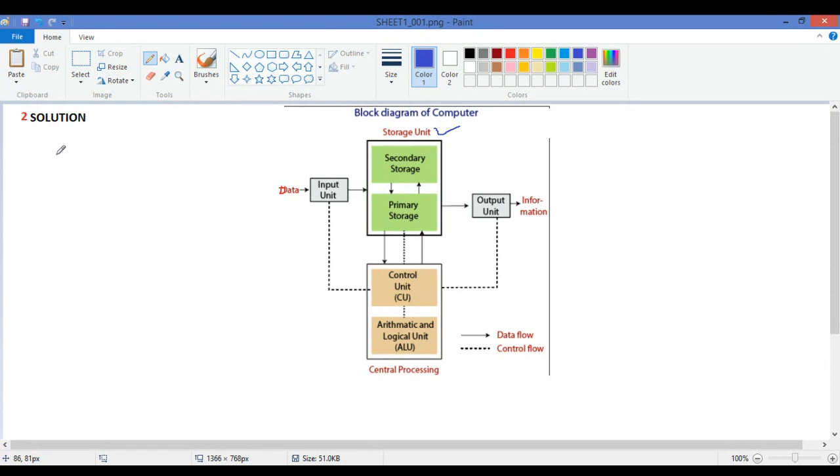Okay, so here I write. What do you mean by input unit? Data will be given through the input unit.